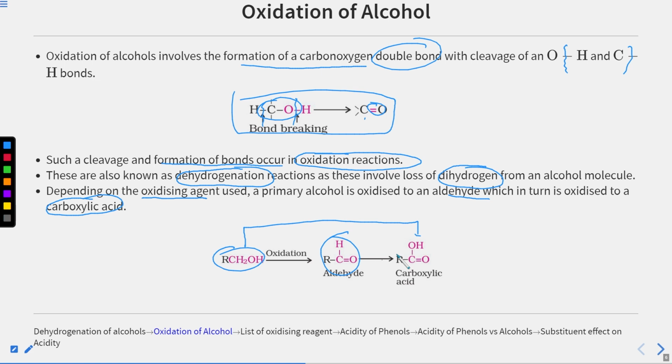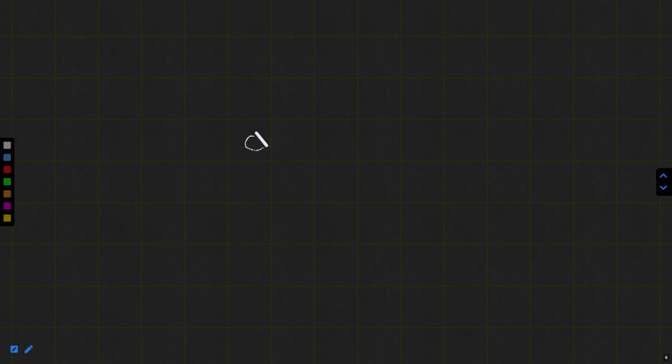So what I'm saying here is that suppose you have an alcohol here that is 2 degree in nature. It is attached to 2 carbons and 1 hydrogen. Now if you oxidize it further, it will get converted into ketone. Clear?